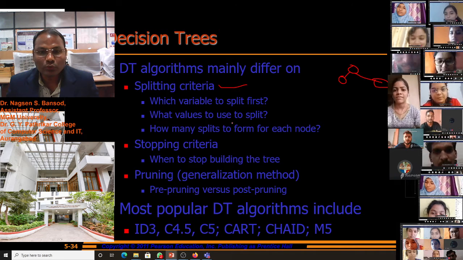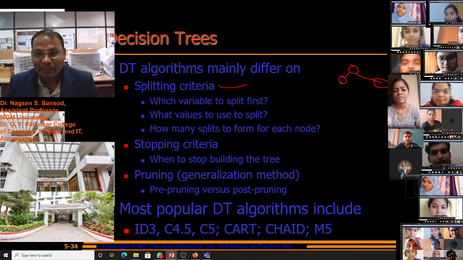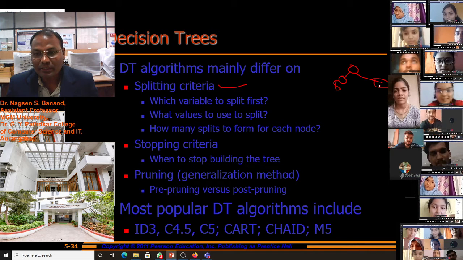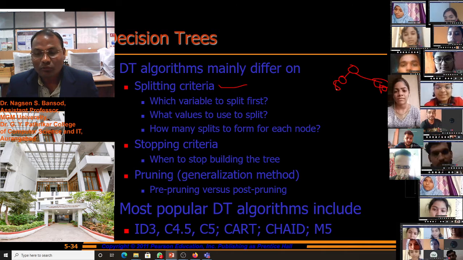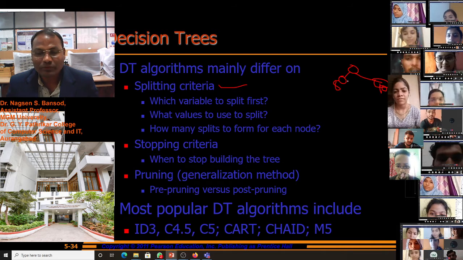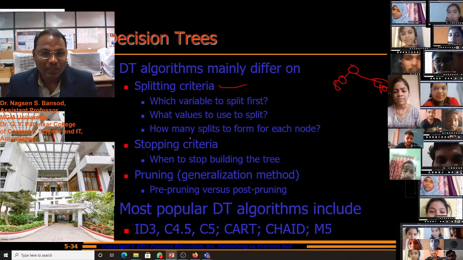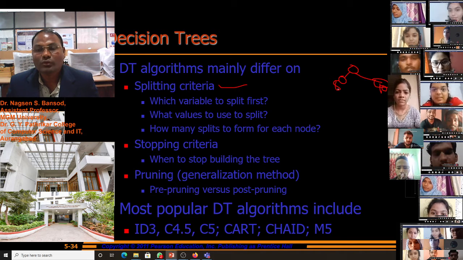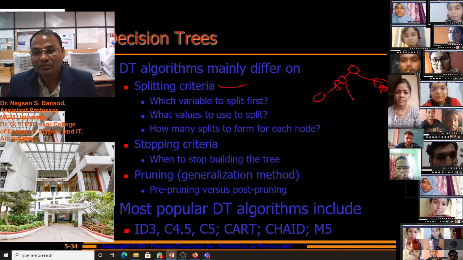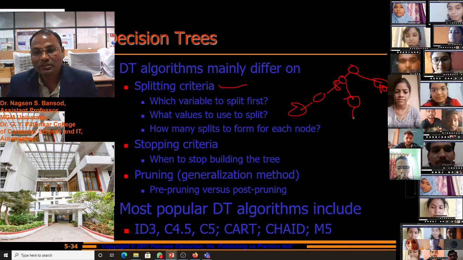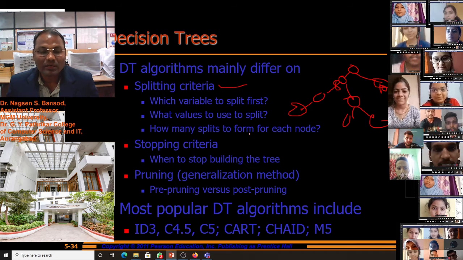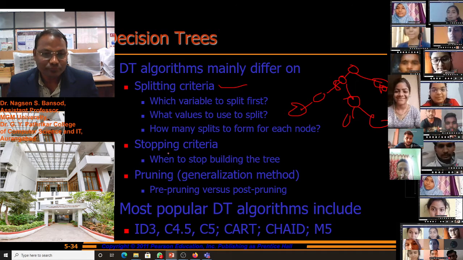What value to use to split? Again, if there are some values, suppose 8 here and 10 here, then what value do we split on from this decision tree, as well as how many splits to form from each node, how many splits are there in the decision tree. There are criteria for this.